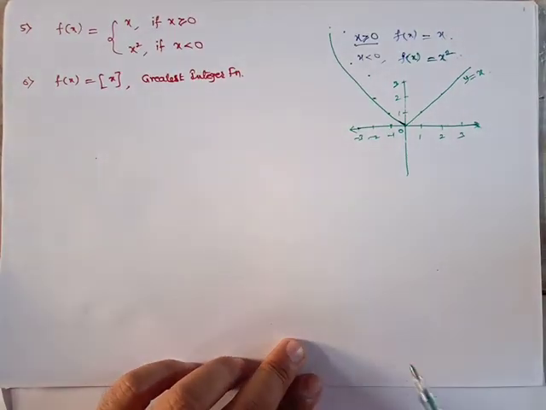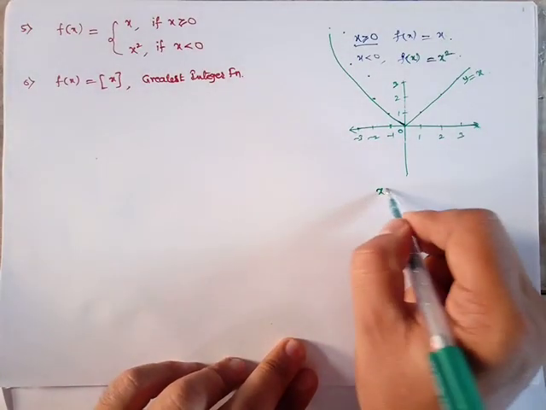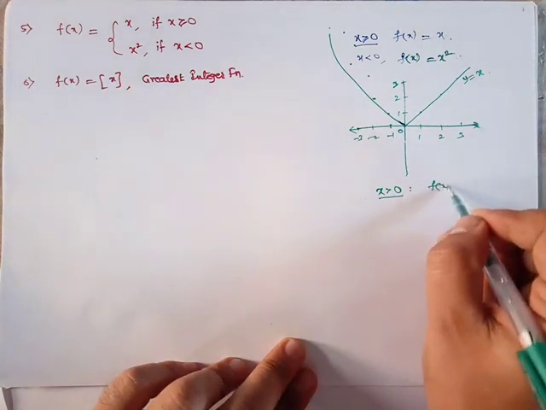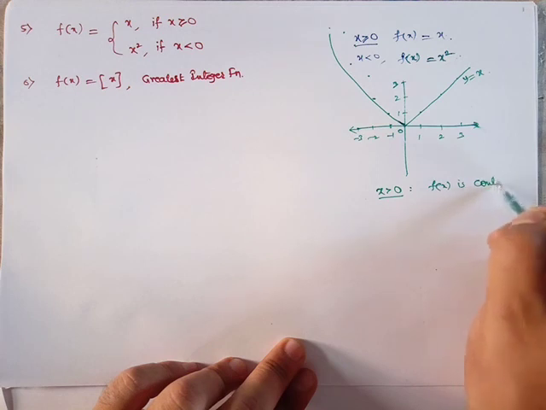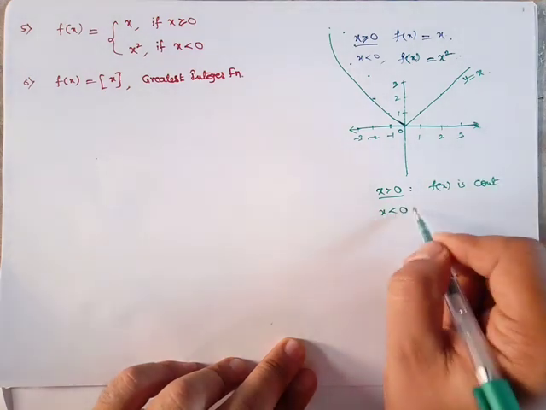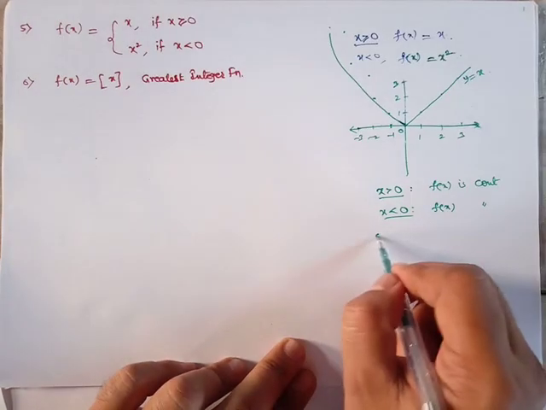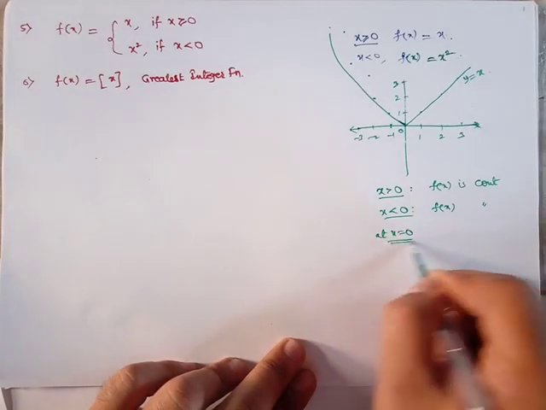Now by looking at the diagram, when x is greater than 0, f of x is continuous, and for x less than 0 also f of x is continuous. Now we'll check at x equals 0.